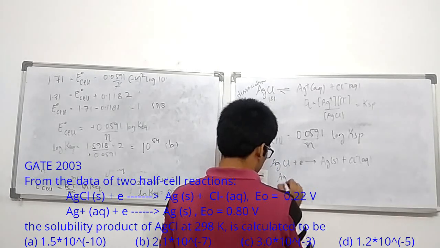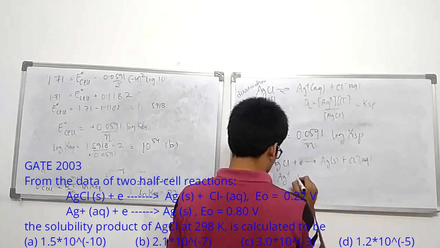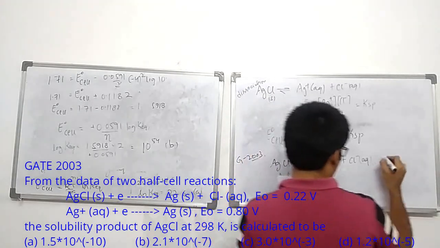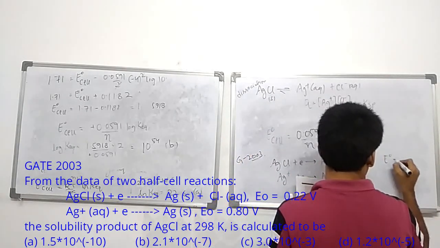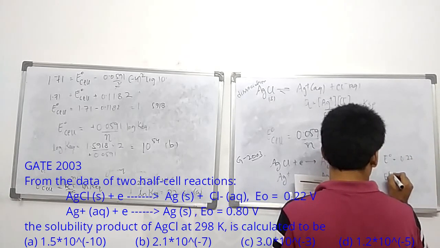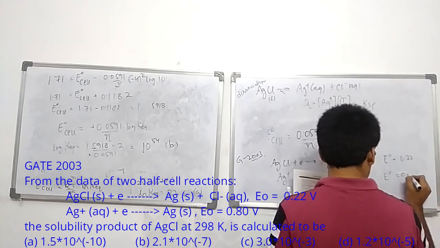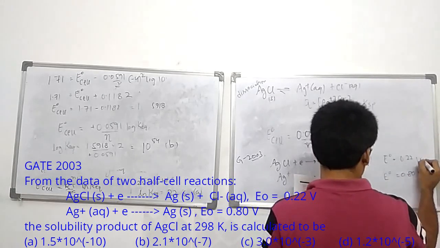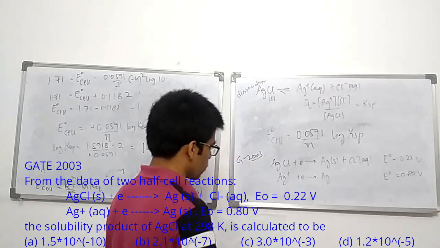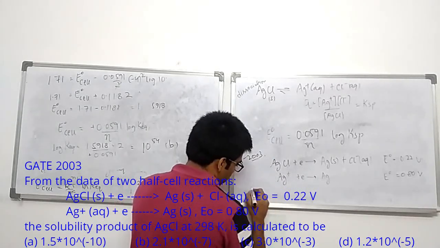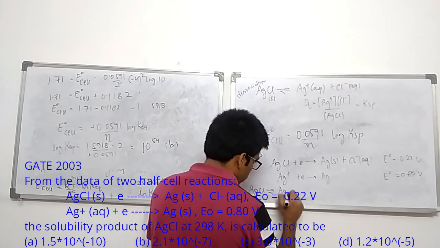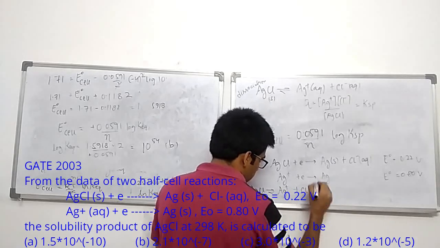Then we have Ag plus plus electron gives Ag solid. They are given the E naught for this as 0.22 and E naught for the second as 0.80 volts. What they are asking? They are asking for the solubility product Ksp for AgCl. So I know AgCl will produce Ag plus Cl minus.